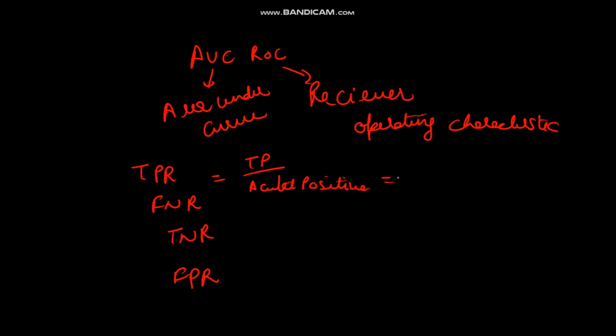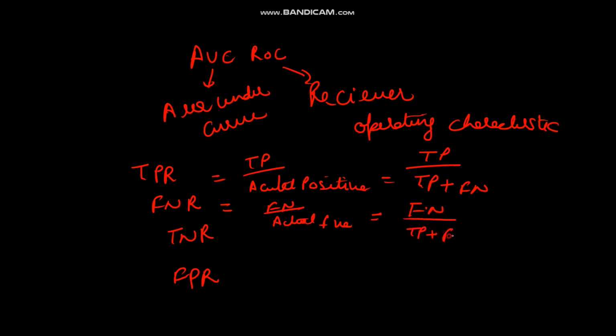So further it can be calculated as TP by true positive plus false negative. And when we talk of false negative rate, it is equal to false negative by actual positive, which can be calculated as false negative, and in denominator we have true positive plus false negative.